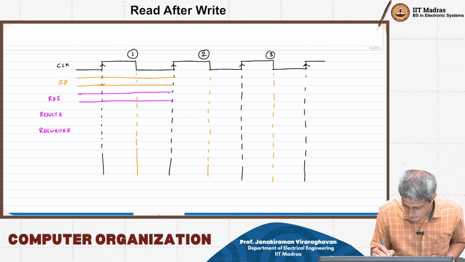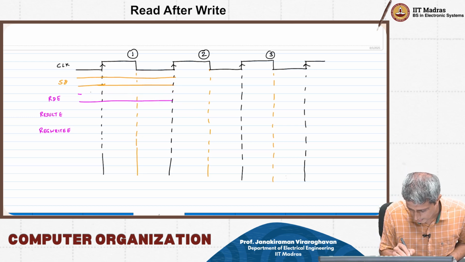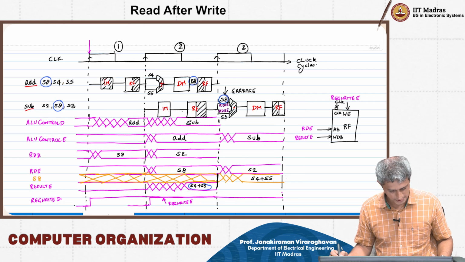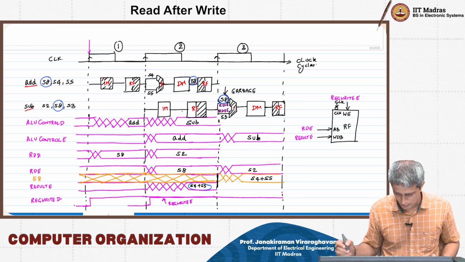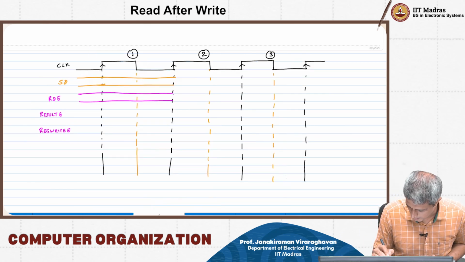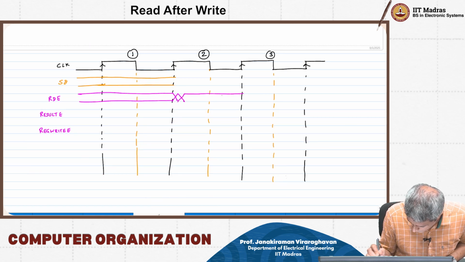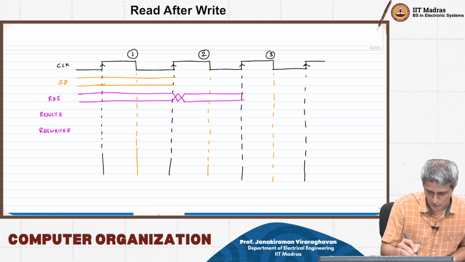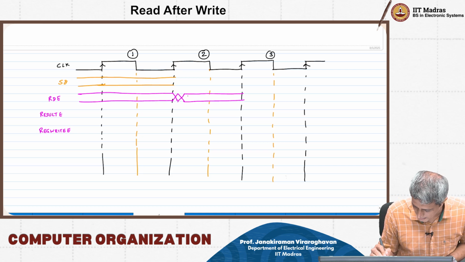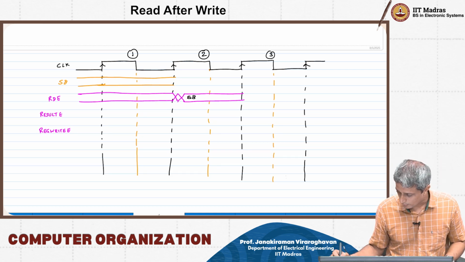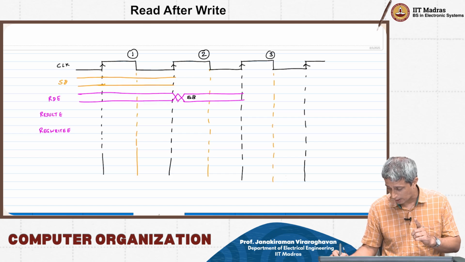Right, so this is going to happen, I think, right after the clock edge. So the RDE will be immediately available. Right, so this is going to be S8. The result E, remember, is going to take some time.